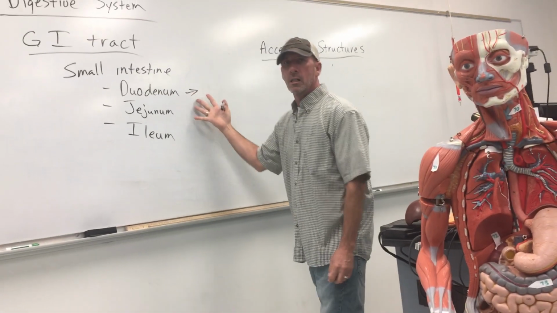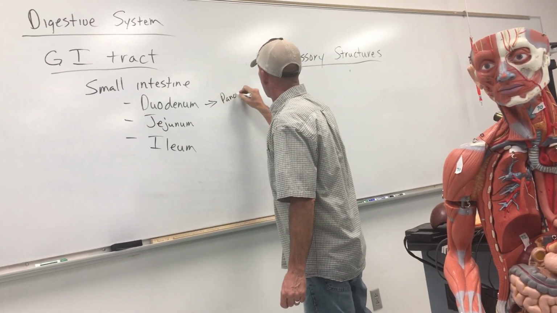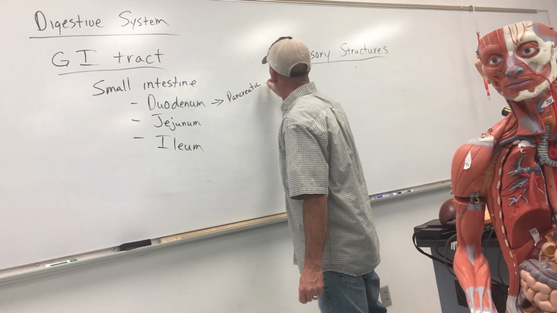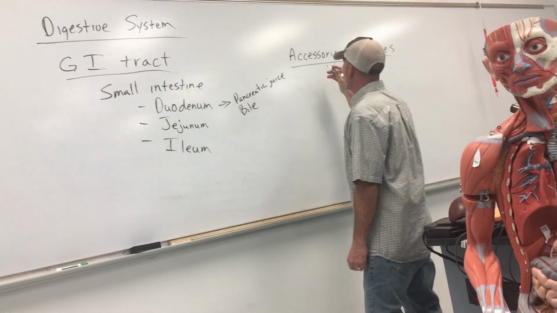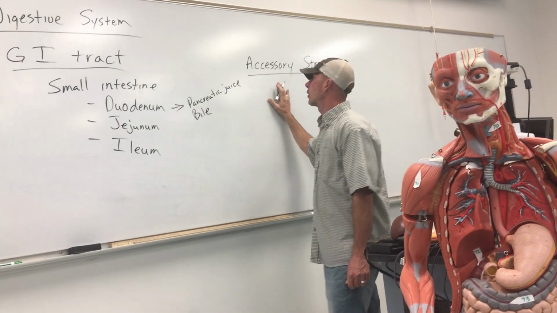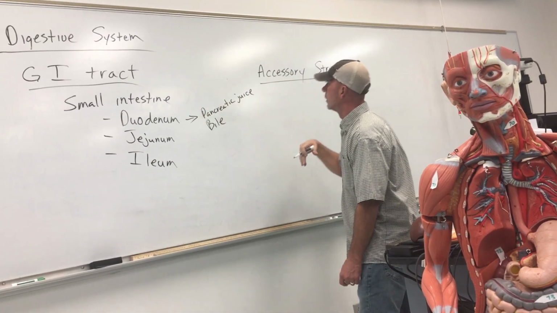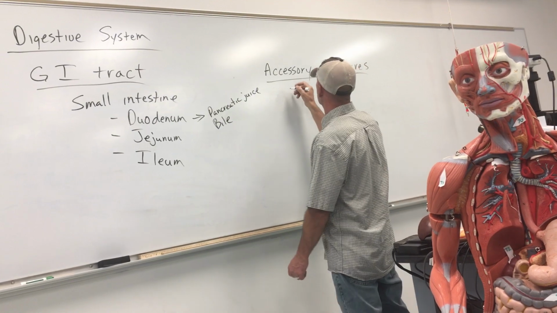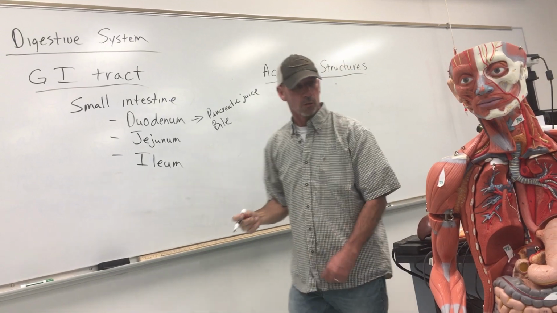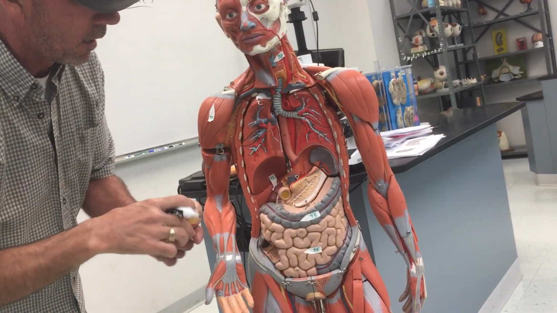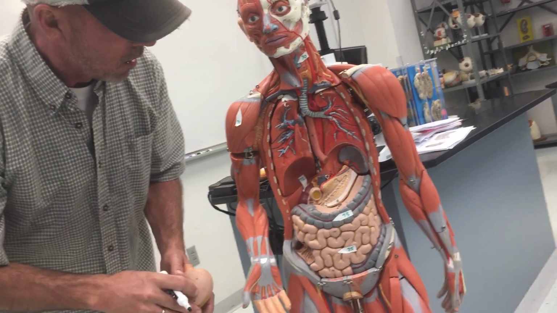So the thing that the duodenum is going to receive is our pancreatic juice and our bile. Now, here's where we have some accessory structures come in again. So what is dumping into the duodenum to deliver these two essential materials is obviously our pancreas, which I just showed you is right behind the stomach. This is the pancreas, very glandular, globular looking structure when you look at the tissue.